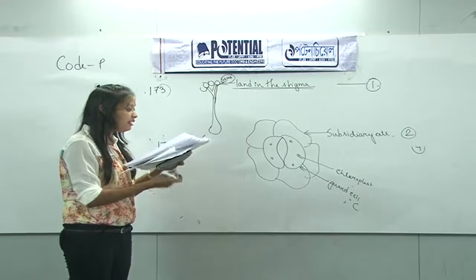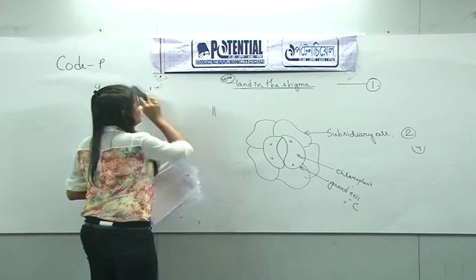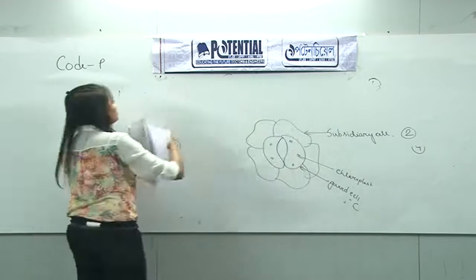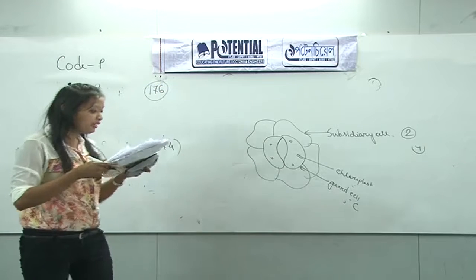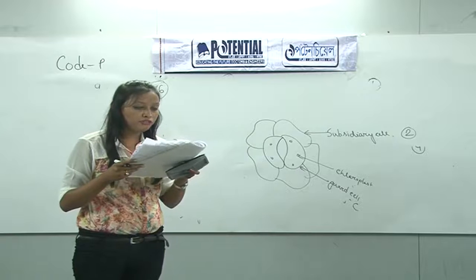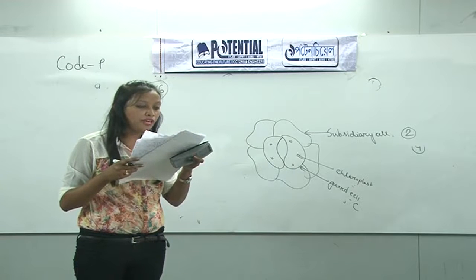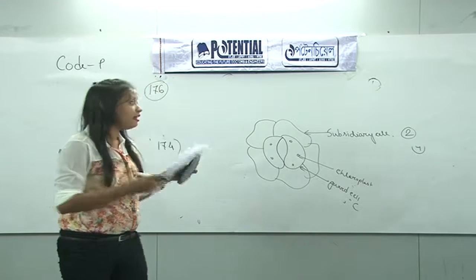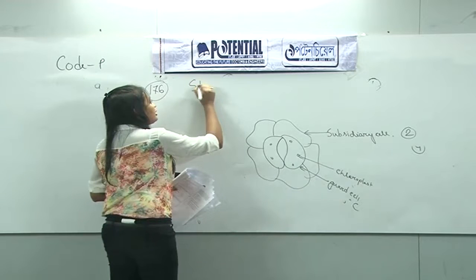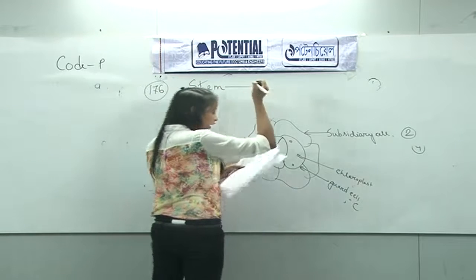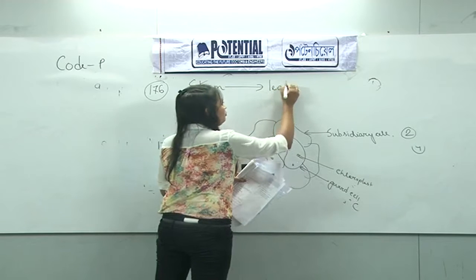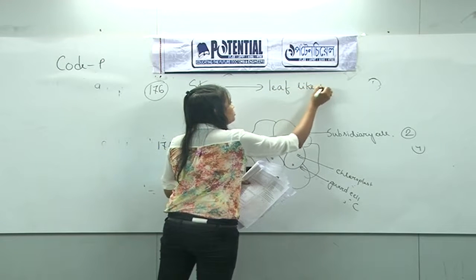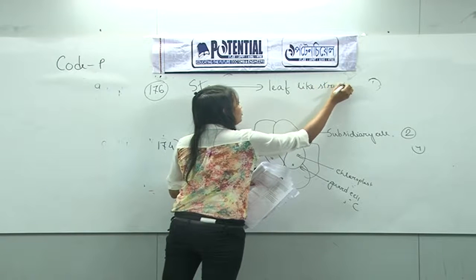The next question is question number 176, and the question is: stems modified into flat green organs performing the function of leaves are known as... The question is what? Stem where it modifies to a leaf-like structure, that means where it carries out the process of a leaf.